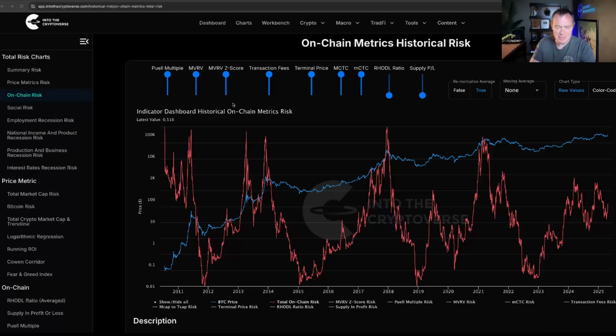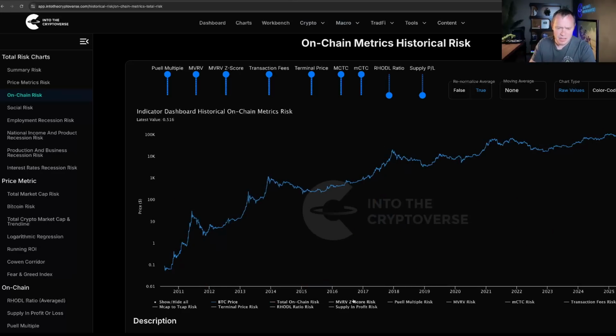We've seen those spike several times throughout the years. The terminal price, the market cap to thermocap ratio, the miner cap to thermocap ratio, also supply in profit and loss, and the RHODL ratio, whatever you prefer. All sorts of indicators that you can look at.